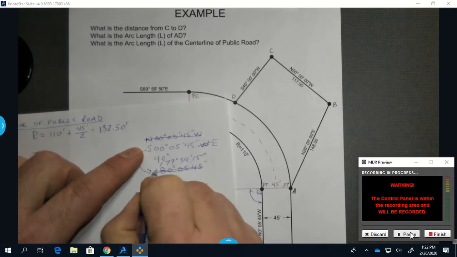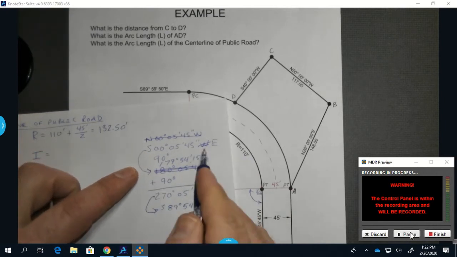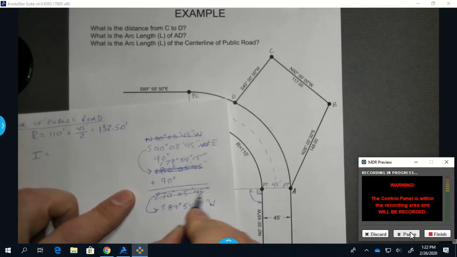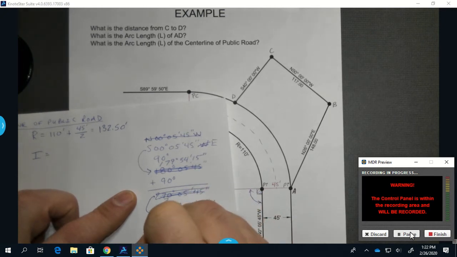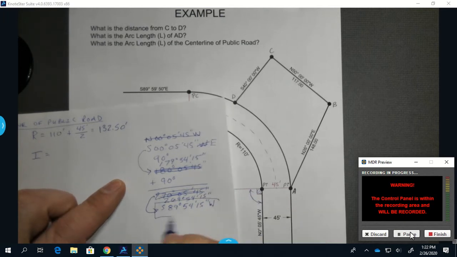That is not this. So it was all because I screwed up this west, so it's a good lesson learned to make sure that we have the right things. So as I do this, this is changing now too. So this would be 269 degrees, 54 minutes, 15 seconds, which would in effect give us this bearing there, okay?